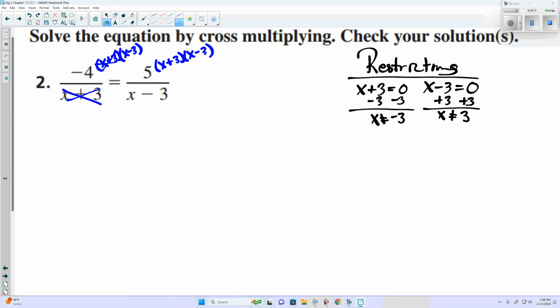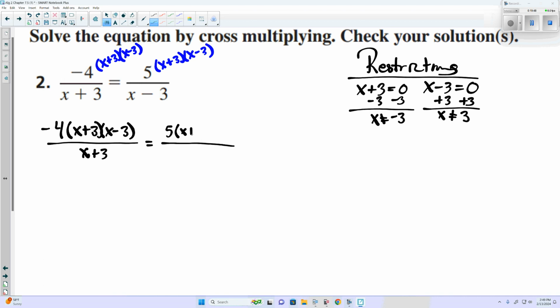For the ones that we have, no, because the 30xs and the 84 plus have to have a value for x. Well, we are multiplying, because when we cancel it out, really what we said when we multiplied is that we have negative 4 times x plus 3 times x minus 3 over x plus 3 is equal to 5 times x plus 3 times x minus 3 over x minus 3.